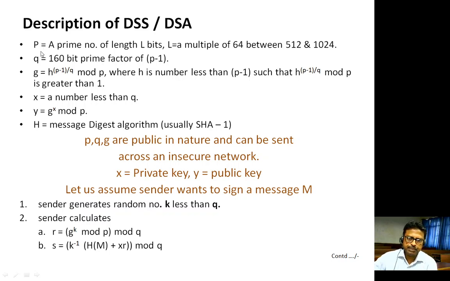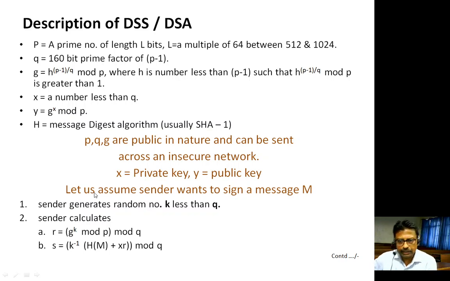As far as P, Q, G are concerned, they are public in nature and can be sent over the insecure network to the receiving end. X is considered the private key and has to be kept by the sender itself, and Y, which is g to the power x mod p, is the public key.